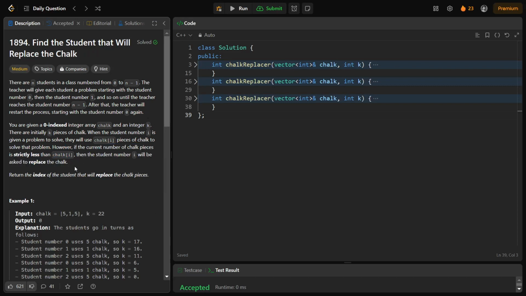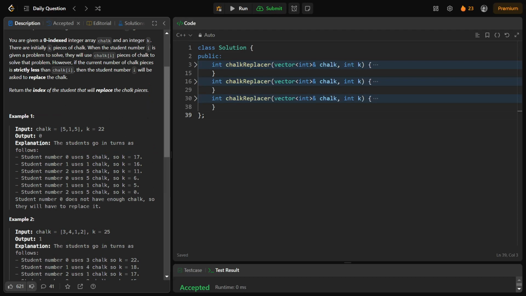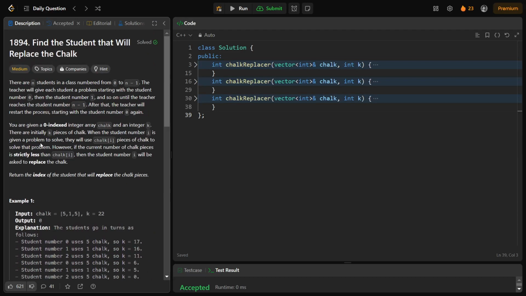So whoever is not able to completely solve the problem with the given chalk, we have to return that student's index. Given this test case, I'll go through a dry run on my notebook and we'll see what we can do about it.